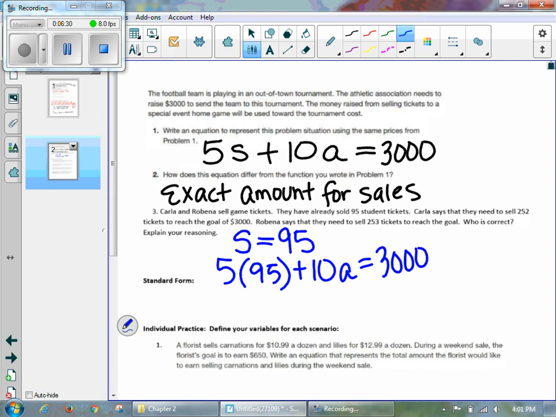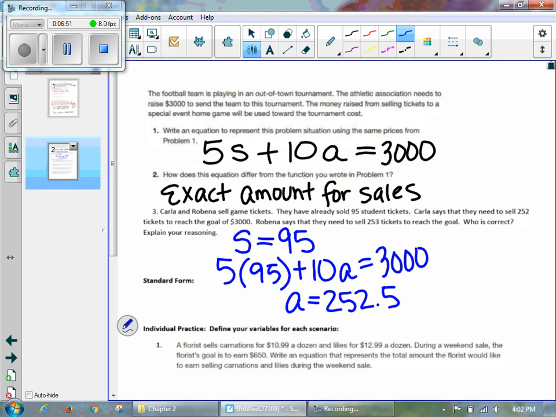So after you do your algebra, I'm not going to do this part with you, you can calculate this. I ended up having A equal 252.5. Well, you can't sell half a ticket, right? So you need to round to either 252 or 253.